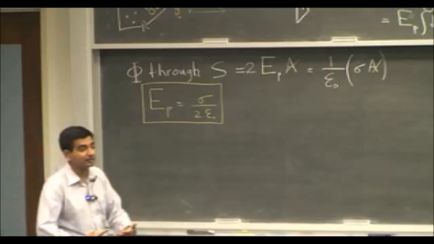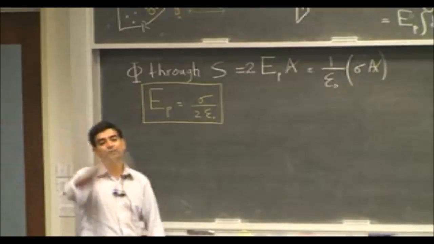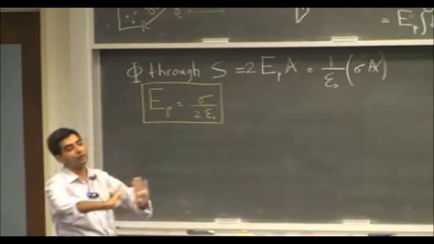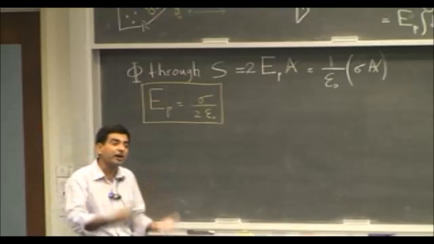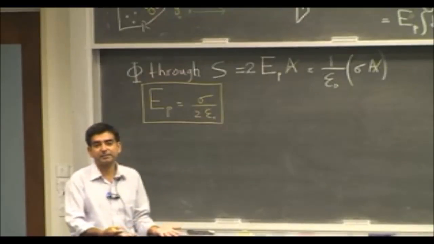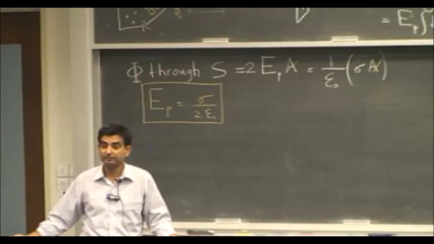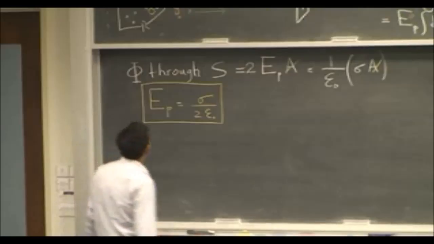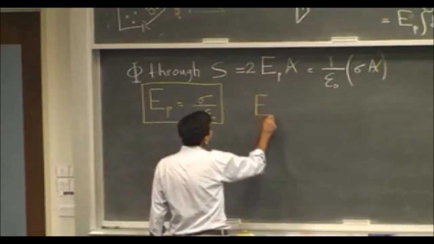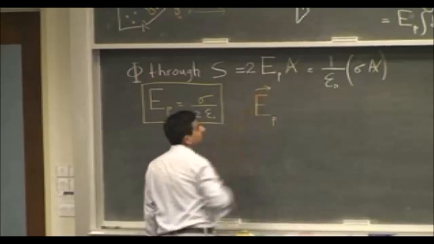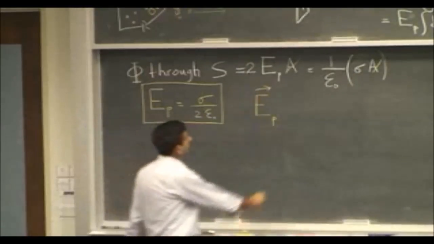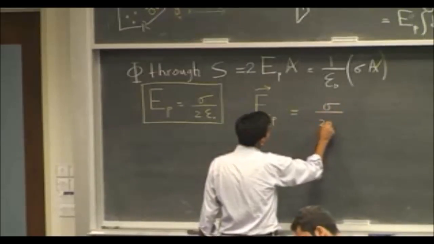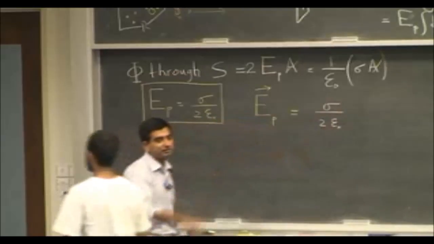So if you could construct a charged sheet through the universe of extremely large dimensions, its electric field would be uniform throughout space. No matter how far you go from that infinite expanse of charge, you'll see the same electric field. Alright? However, on the right of this sheet, if I would like to write a vector EP, this vector would have a magnitude equal to sigma over 2 epsilon naught and a certain direction.